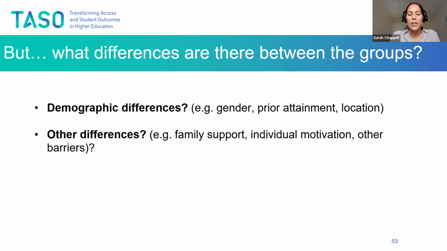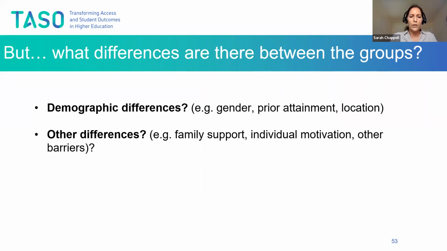So perhaps that actually caused the differences in HE enrollment between the two groups. Attainment is a really good example as well. We might have found that the students that attended the summer school had higher attainment at GCSE, A-level or BTEC. So again, that was the reason why they were more likely to enroll in HE, because they got the grades needed.